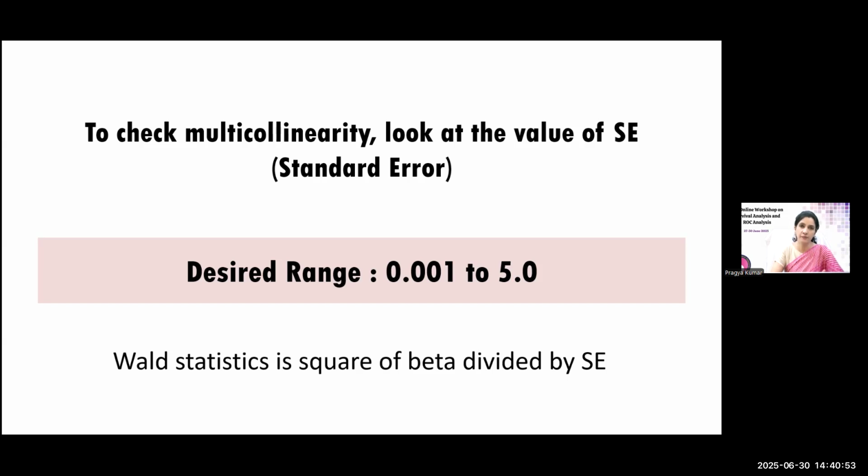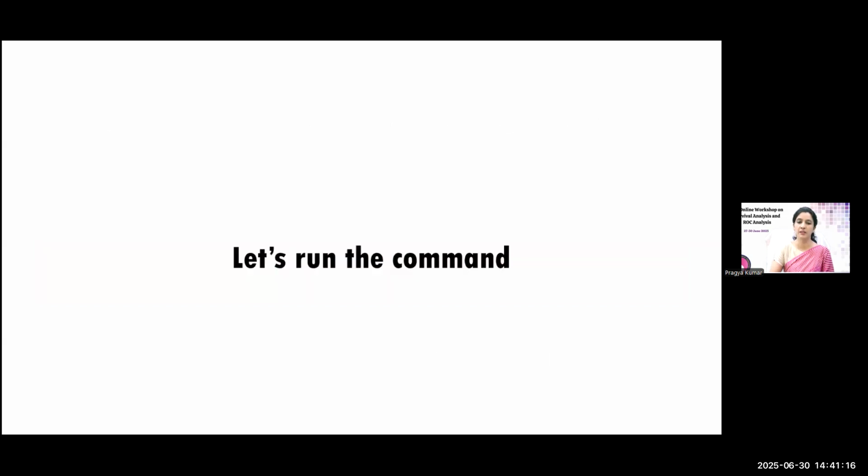If the VIF is less than 10, that means there is no multicollinearity between the variables. What is multicollinearity? That means two variables are related to each other linearly. If you know one variable, you can know the value of another variable. That is what we mean by multicollinearity.